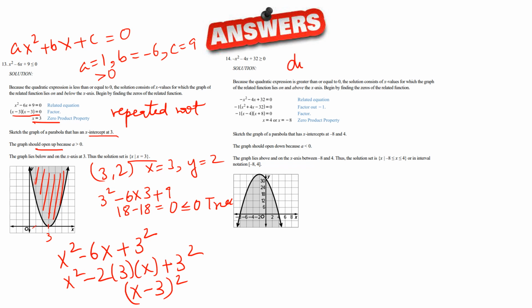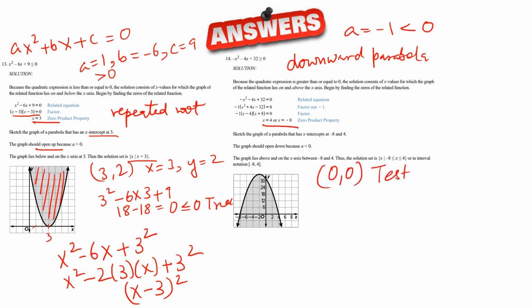Now let's look at downward parabola. Now if you look at the value of a, it is minus 1, which is negative, so it will be a downward parabola. If you look at the equation has factors 4 and minus 8. So the zeros would be at minus 8 and at 4. Now you take any test point. For example, you take 0, comma 0.